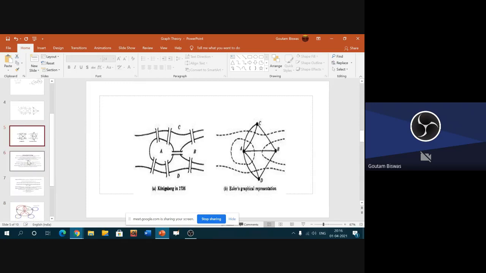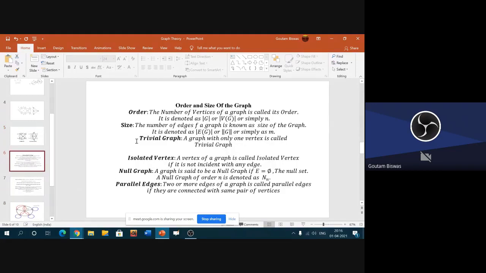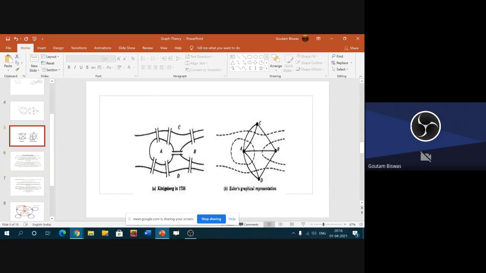Next, now we are going to define how to begin. Order and size of a graph. Order: the number of vertices of a graph is called its order. So in this graph, how many vertices are there? 1, 2, 3, 4. So the order of this graph is 4.